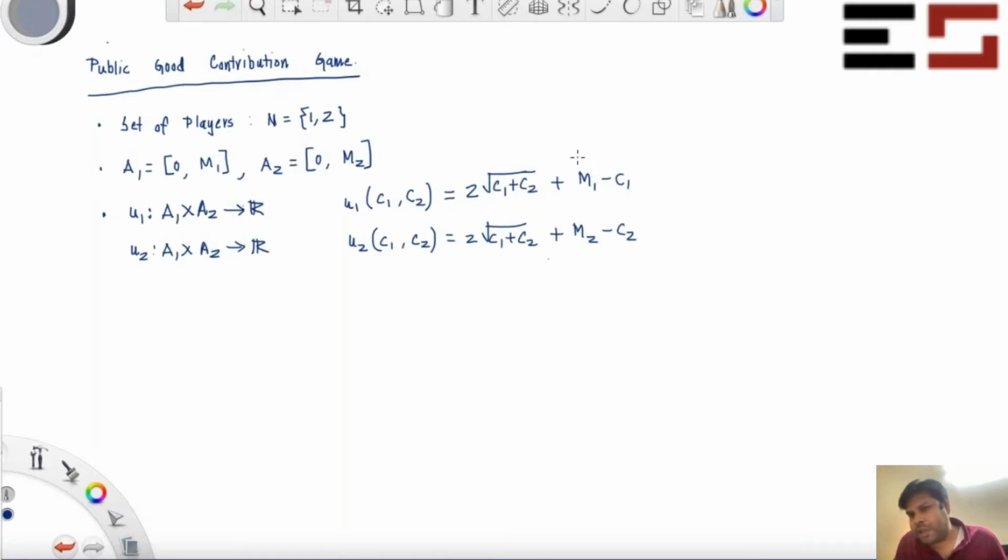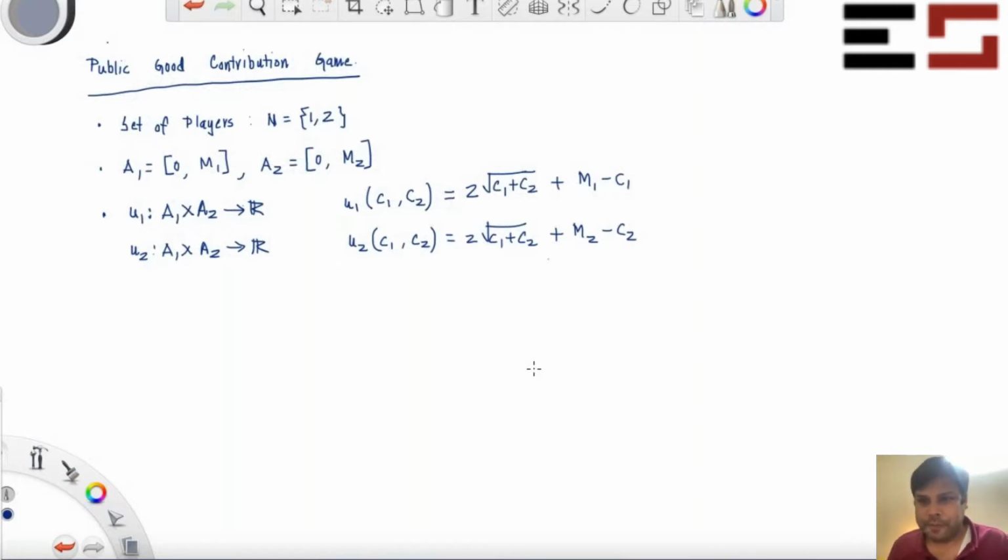So maybe we can just right now solve this problem for some specific values of M1 and M2. Otherwise, we can also solve this problem taking M1 and M2 as variables, and we can find the Nash equilibrium as a function of M1 and M2. Then later on you can just plug in M1 and M2 and figure out the Nash equilibrium for different values.